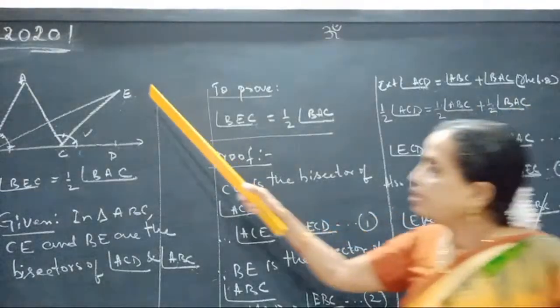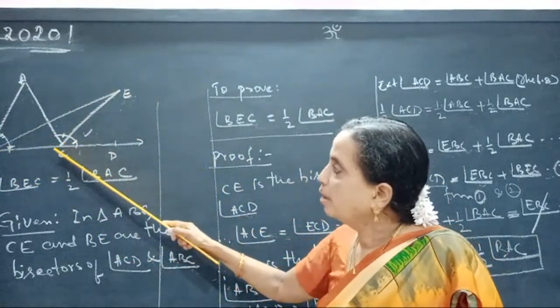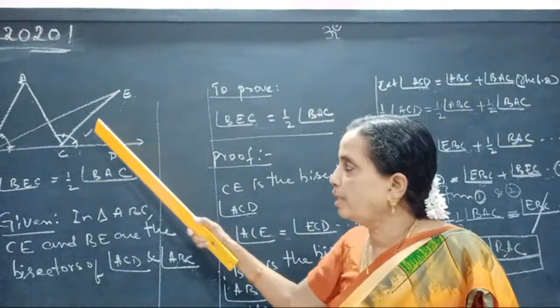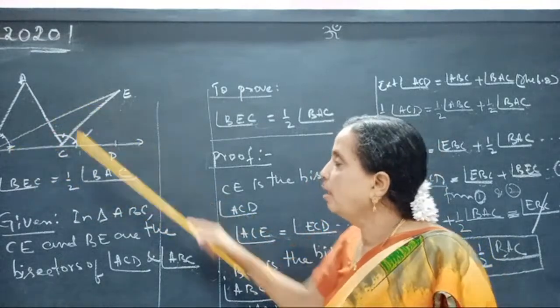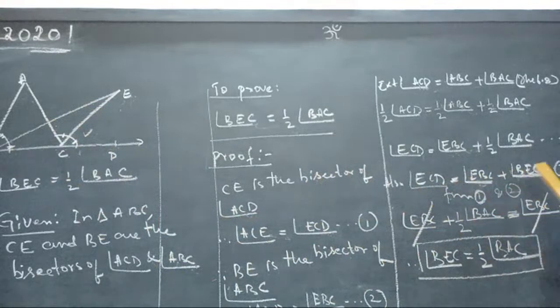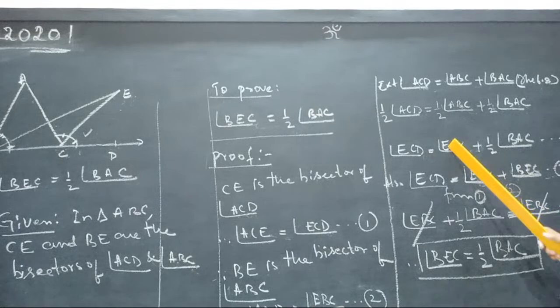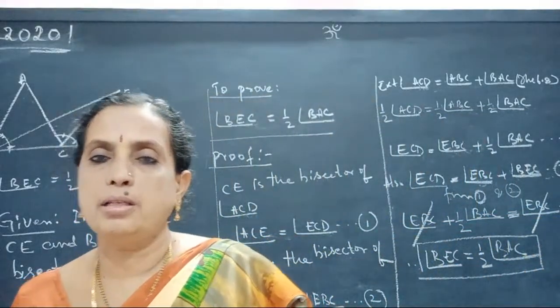Then again, in the small triangle EBC, ECD is an exterior angle. So exterior angle equals the sum of interior opposite angles. Second, we got it by theorem 6.8. From equation 1 and equation 2, we have ECD. Comparing, we can equate their RHS and cancel angle EBC from both sides. Finally, we get the required result.